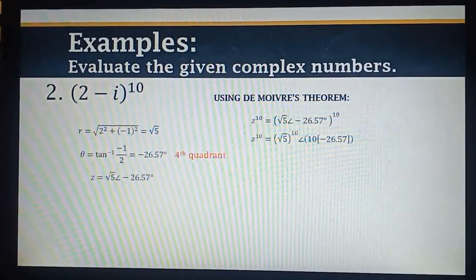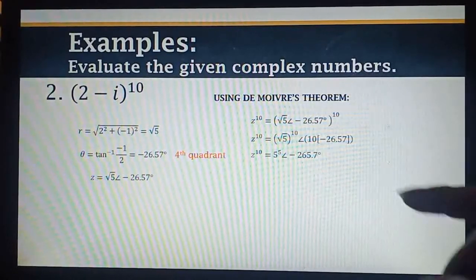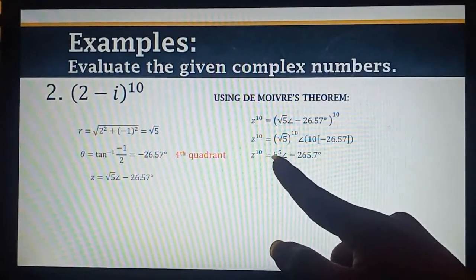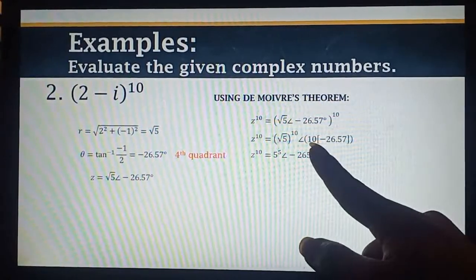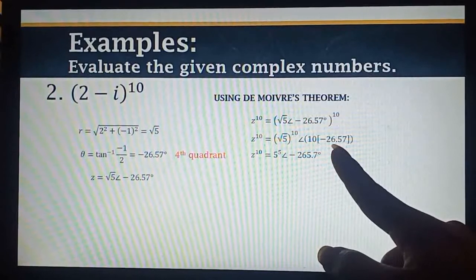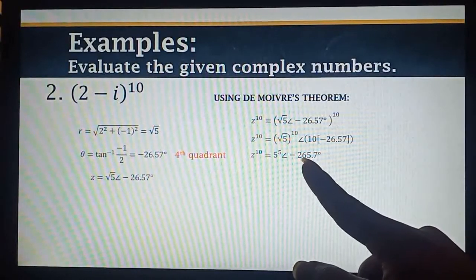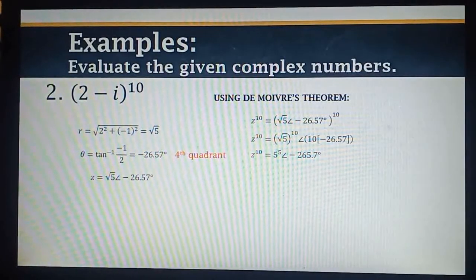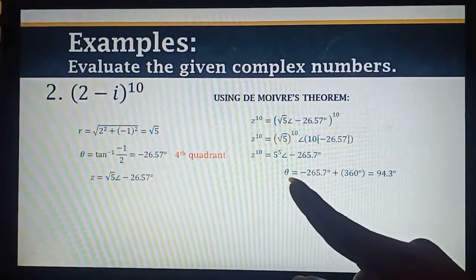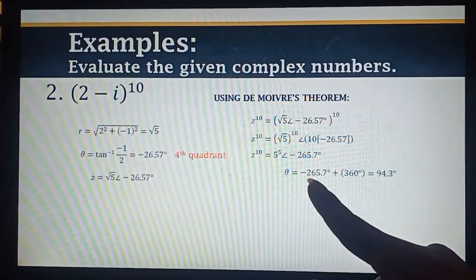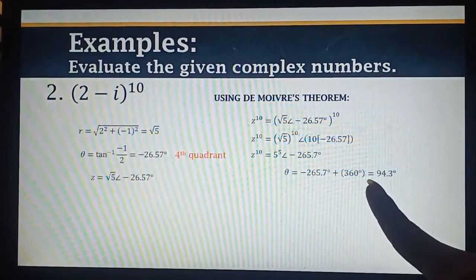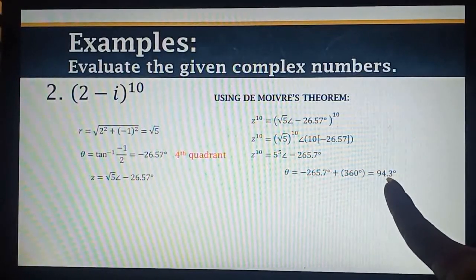So if we evaluate that one, you will now have your 5 raised to 10 over 2, that is 5 raised to 5, then 10 multiplied to negative 26.57, that is negative 265.7. So si theta natin, isi-simplify natin into lowest term. So let's say you have negative 265.7 plus 360, that is equivalent to 94.3 degrees.